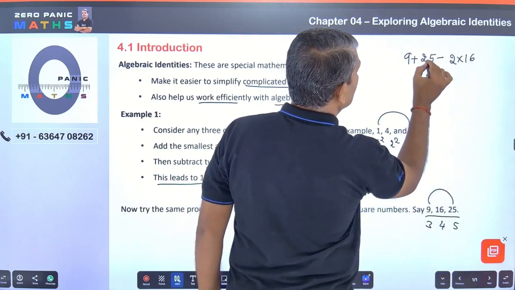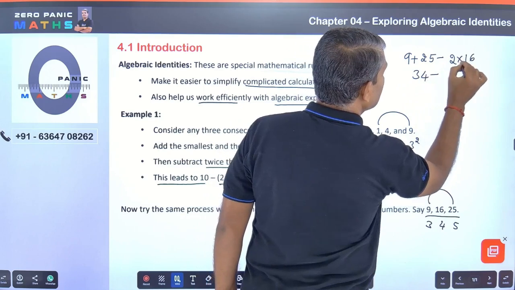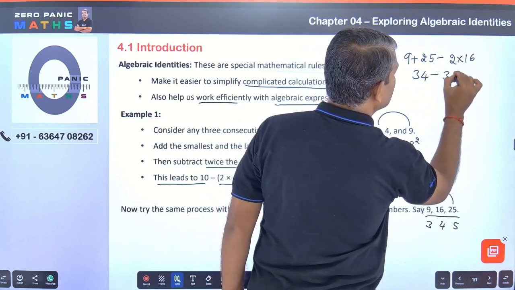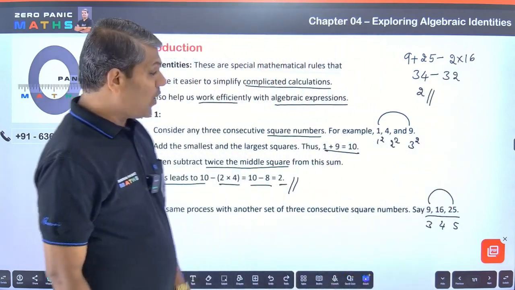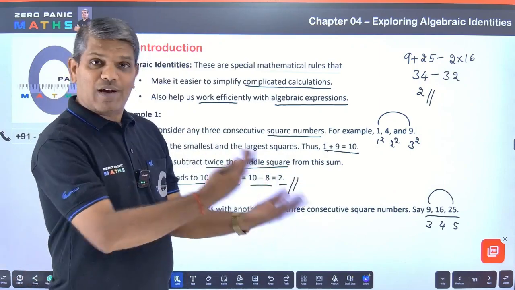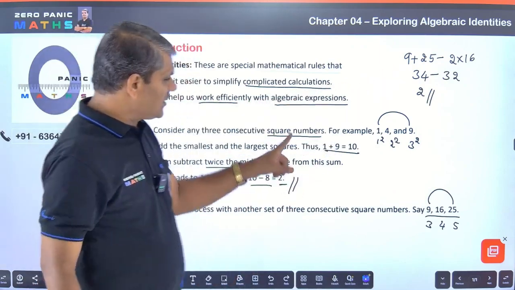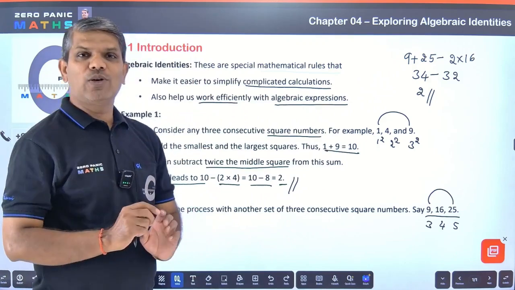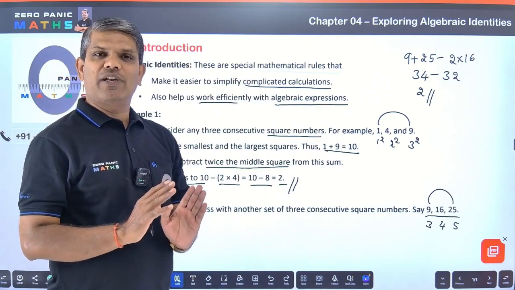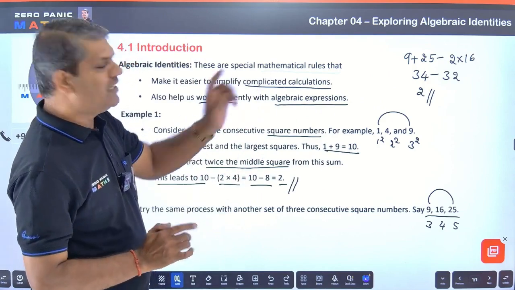So 25 plus 9 is 34, minus 16 twos, that is 32, and the result is 2. You can take some more three consecutive numbers and try this identity. This is always going to give you the value 2. So this kind of expressions or equations are called identities.